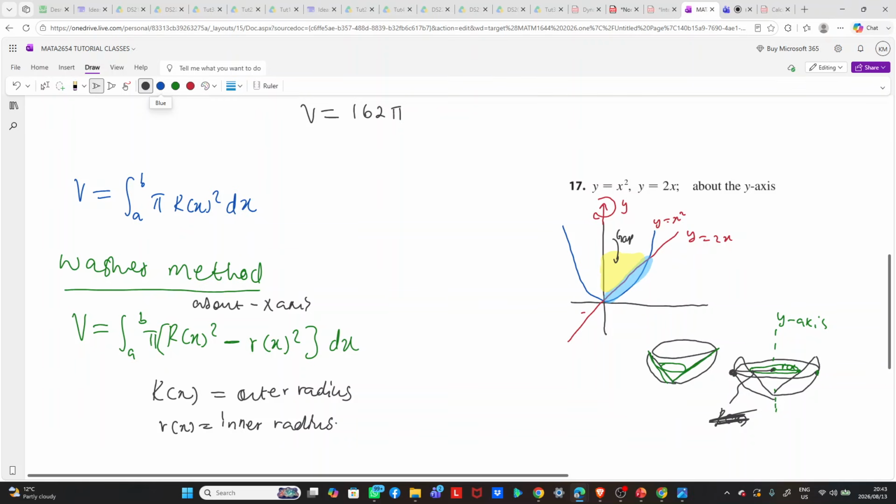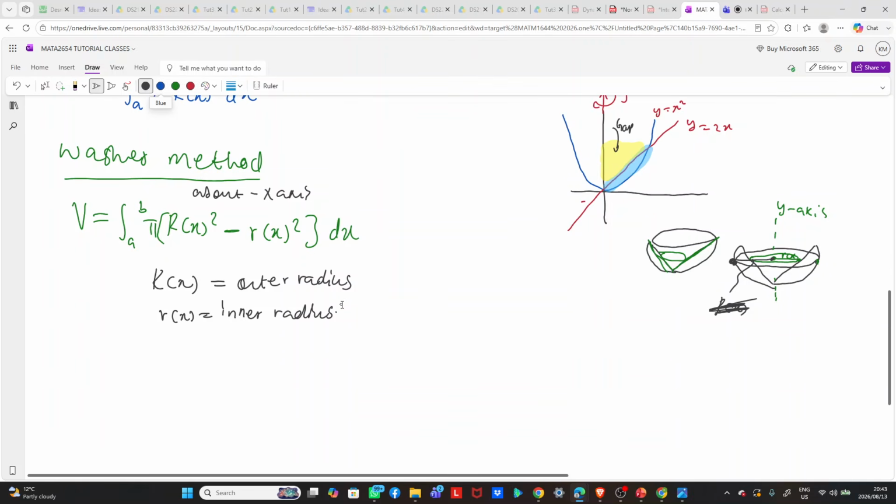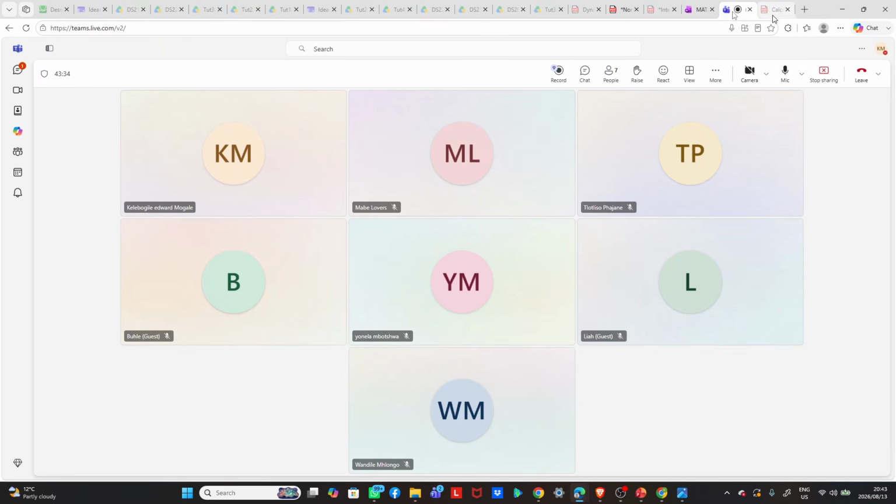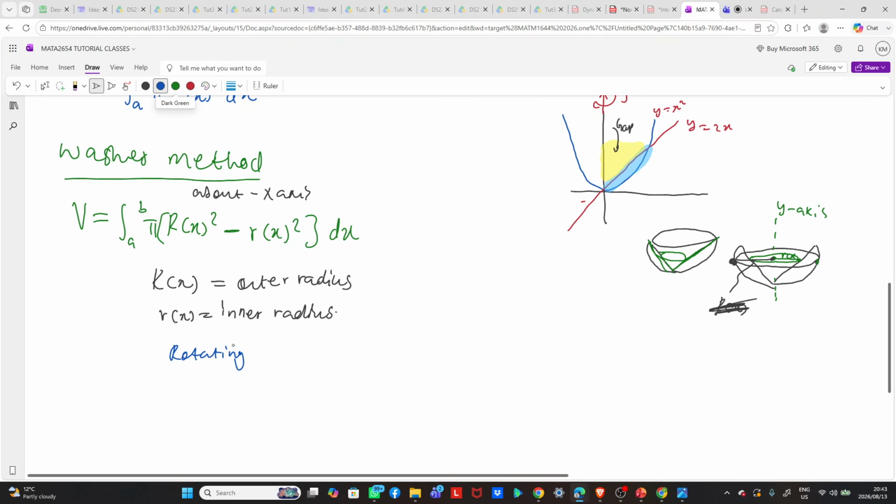Then what about when we are rotating about the y-axis? When we're rotating about the y-axis, it's going to be the same fate.